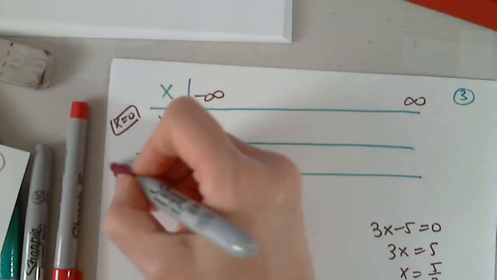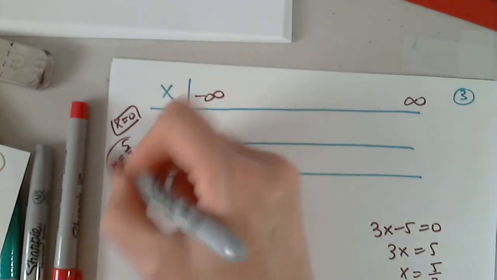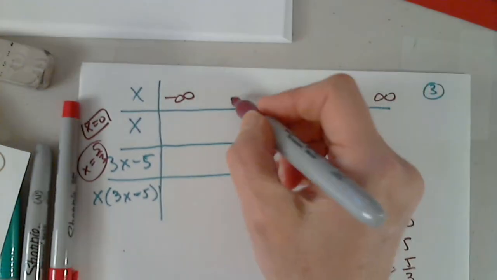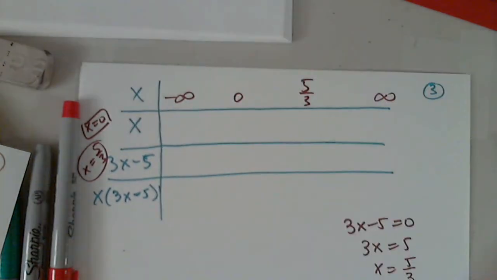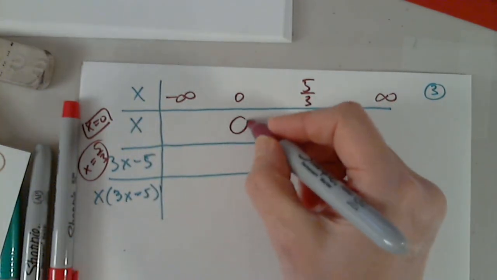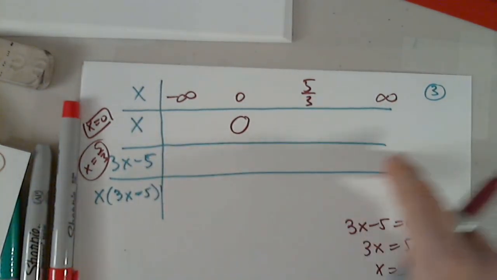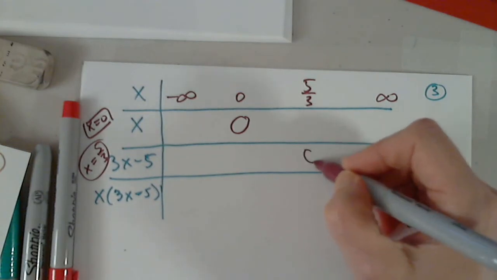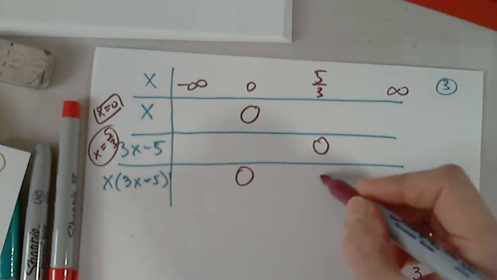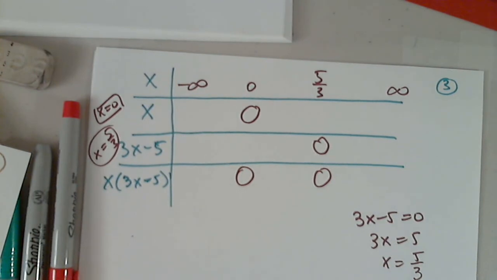So these are my numbers in the table. 5/3 and 0 in ascending order. Very important. 0, 5/3. This row has its 0 under 0. This row has its 0 under 5/3. And this row has its 0 under both. Why? Because the product is 0 if either factor is 0.